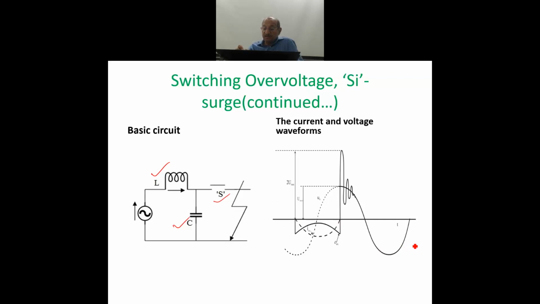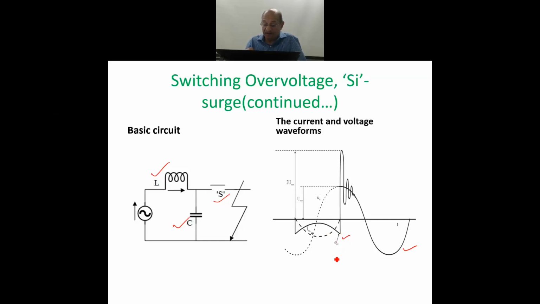This is the voltage and current with time. So this is the power frequency voltage that existed there always. Then this is the magnitude of the current. At this instant, the circuit is open, that means current stops flowing in the circuit.